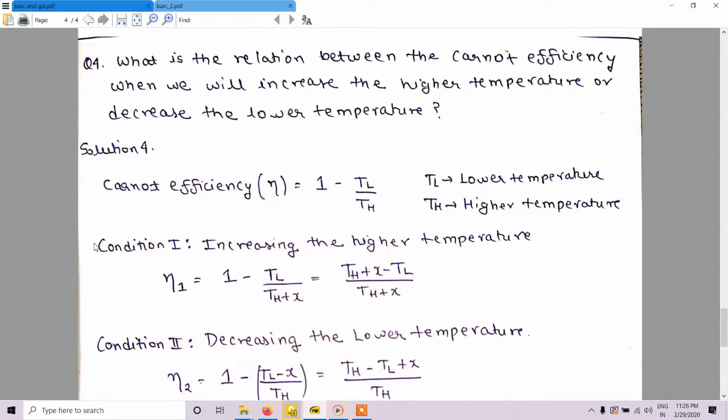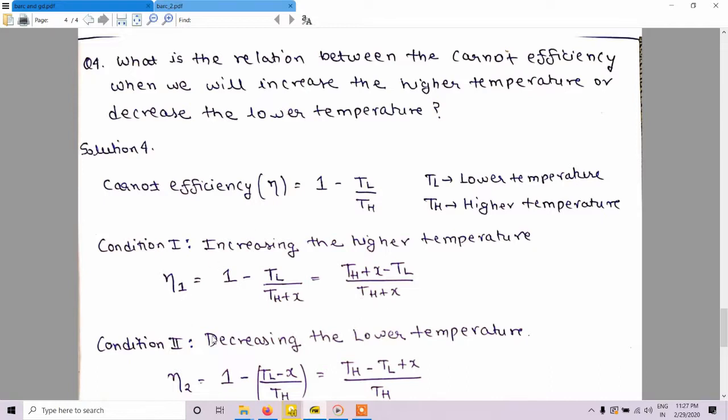There are two conditions given. In condition 1, we increase the higher temperature by X, so efficiency eta 1 is equal to 1 minus TL by (TH plus X). On solving, we get (TH plus X minus TL) upon (TH plus X).